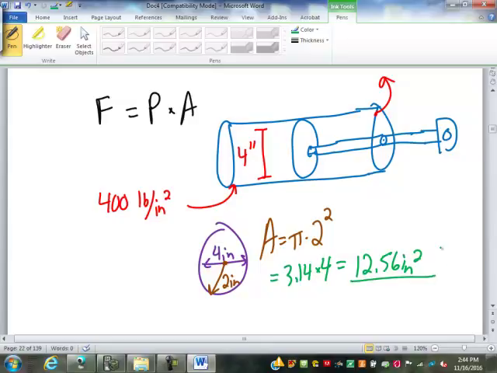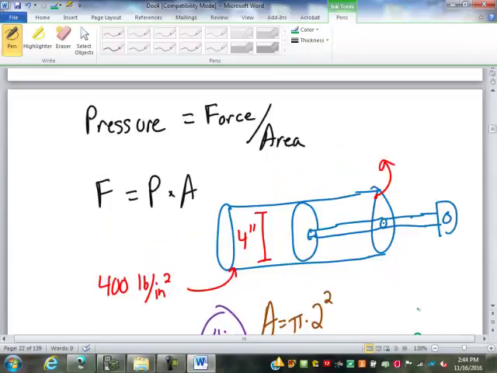So 12.56 inches squared. So the force that is applying, if I come back up here, the pressure, 400 pounds per square inch times 12.56 square inches.